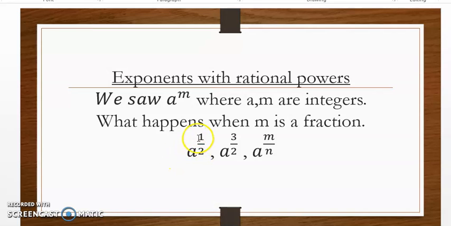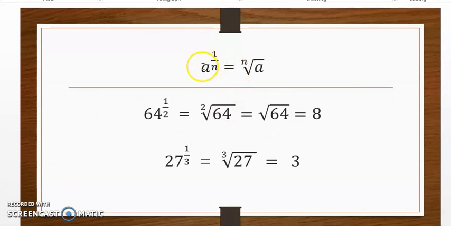That is examples like a to the power 1 by 2, a to the power 3 by 2, or in general a to the power m by n, where m by n is any rational number. Okay. So a to the power 1 by n is defined as root n of a. That is, as an example, 64 to the power 1 by 2 is written as the second root. Now the second root is actually the square root. So the square root of 64, which is 8.